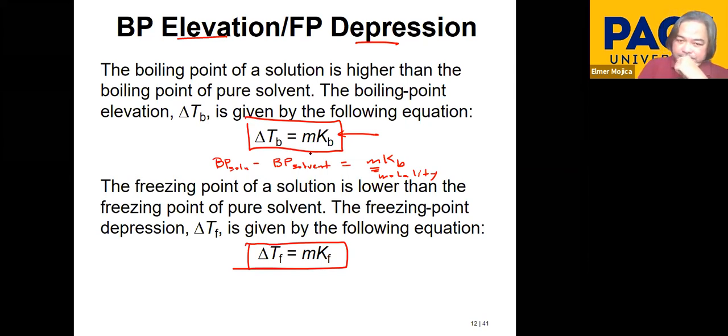Now for the freezing point, how are we going to describe delta Tf? Delta Tb is just the boiling point of the solution minus the boiling point of the solvent. So delta Tf is just the freezing point of what?